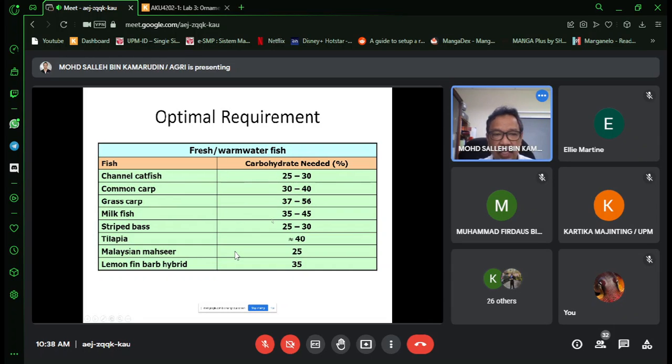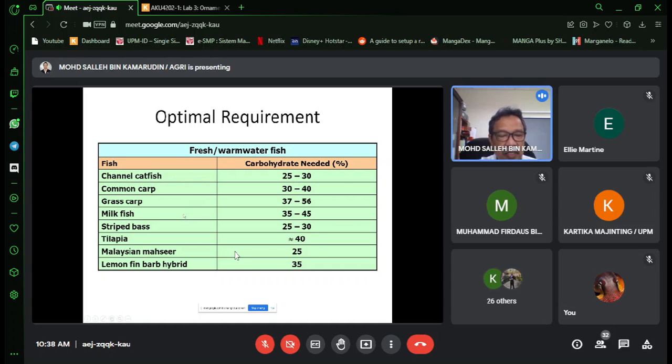Ada milkfish, ikan banding atau ikan di Sabah dia panggil ikan apa ni? Dia bukan ikan susu, dia ikan banding atau ikan apa di Sabah dia panggil ikan bolu, B-O-L-U, bolu.